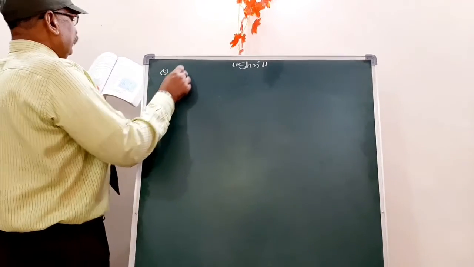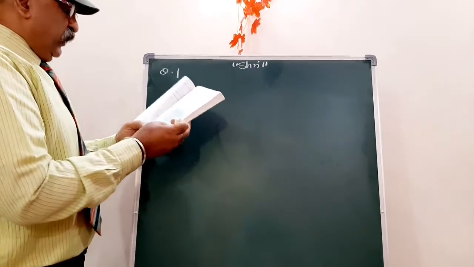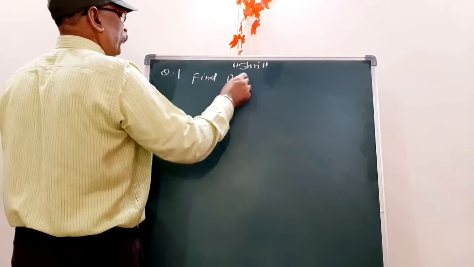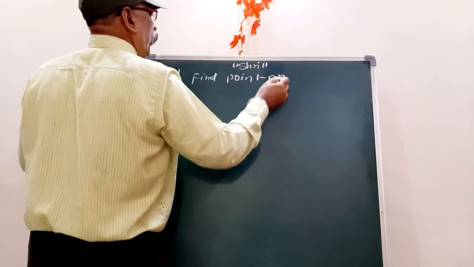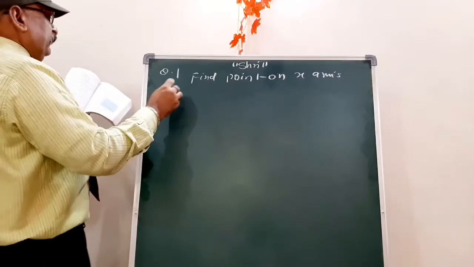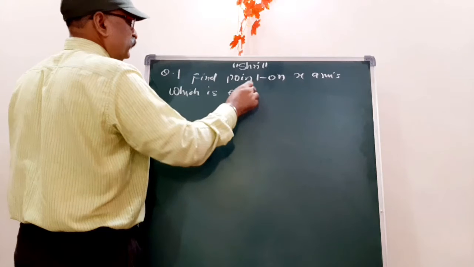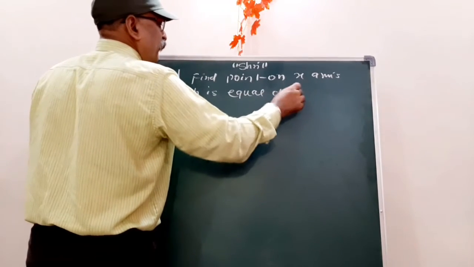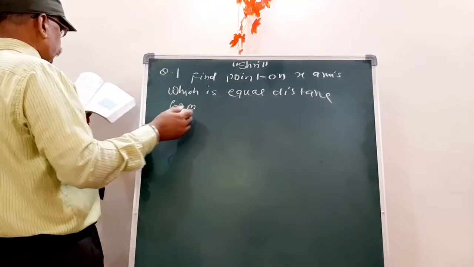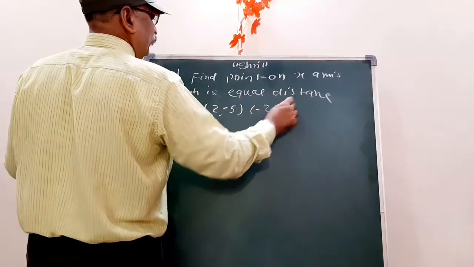Question 1. This is of your exercise 7.1, question number 7. Find the point on the x-axis which is equidistant from the points 2, minus 5 and minus 2, 9.